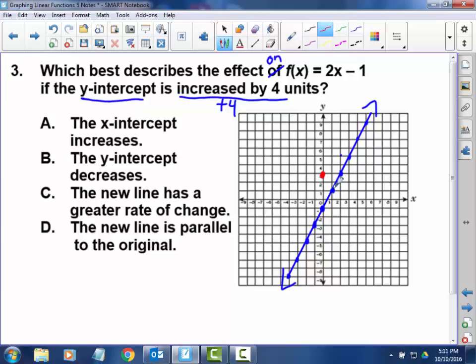So we're just moving every point up. It's like we're picking up the line and moving it up 4.